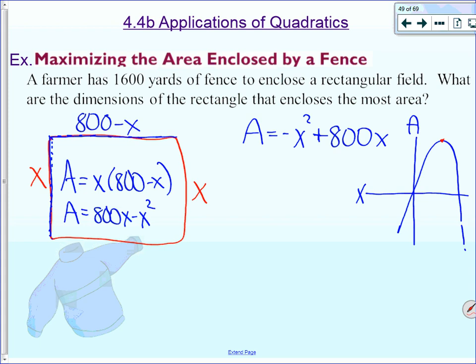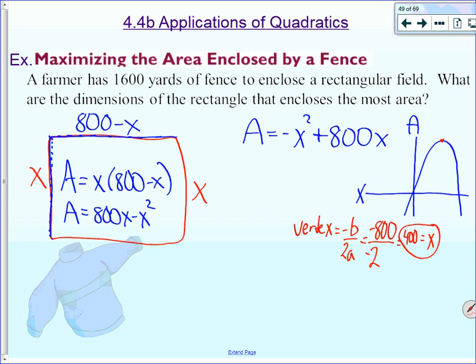So in other words, I want to find my vertex. So negative 800 over negative 2, that's the x value of the vertex.